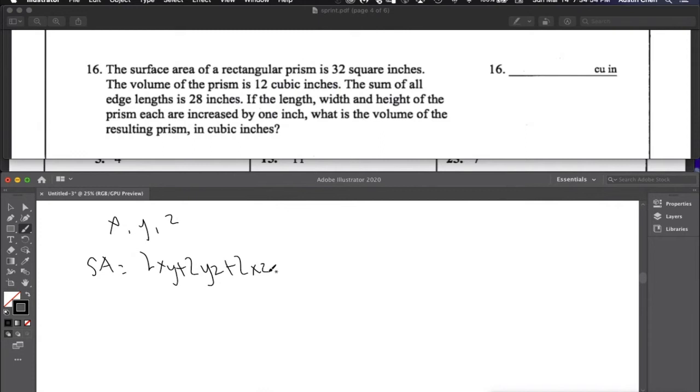The volume is x times y times z. And then the sum of all edge lengths is 4 times x plus y plus z.